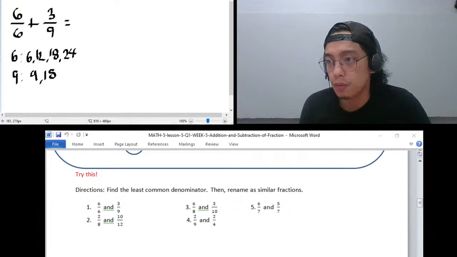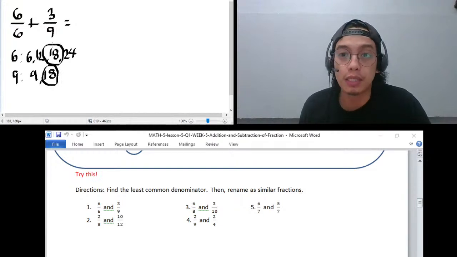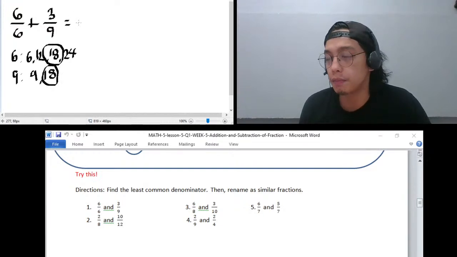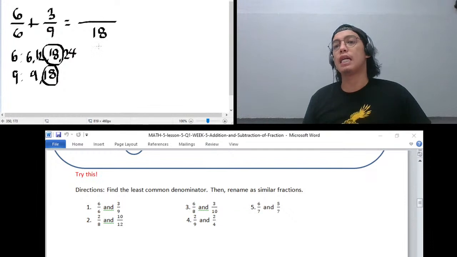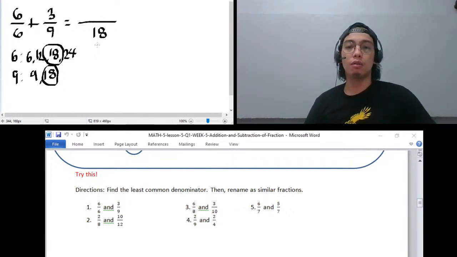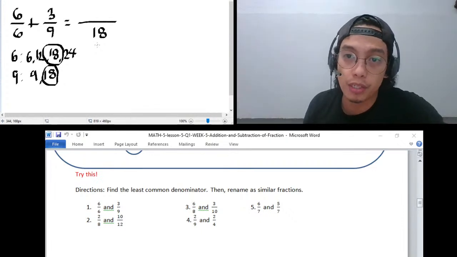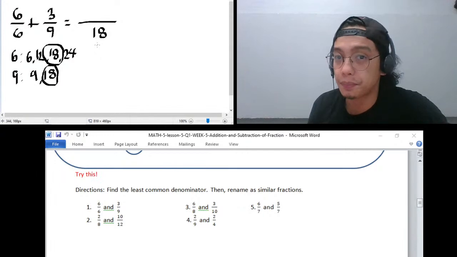There you go. So we have 18. 18 is their common multiple for the denominators of 6 and 9. Put it here. 18. So what we do next is divide the new denominator by the original denominator times the original numerator.